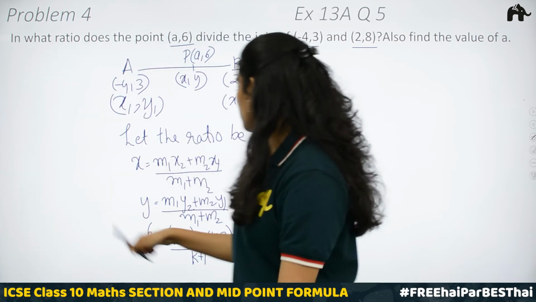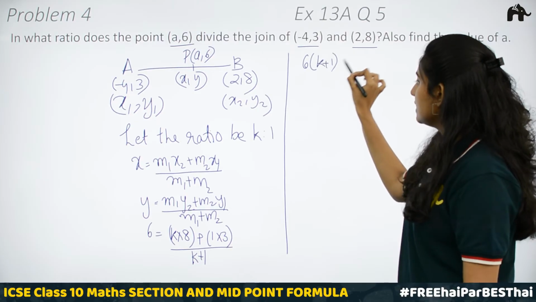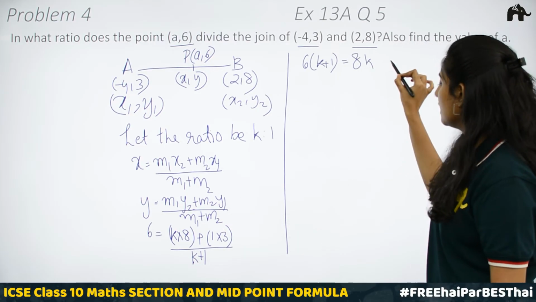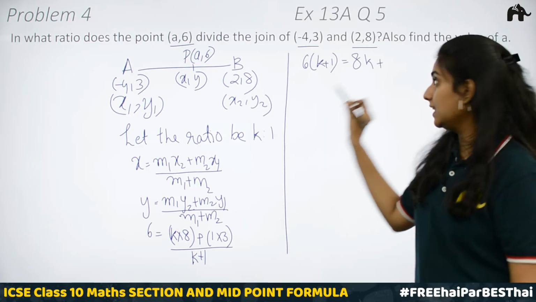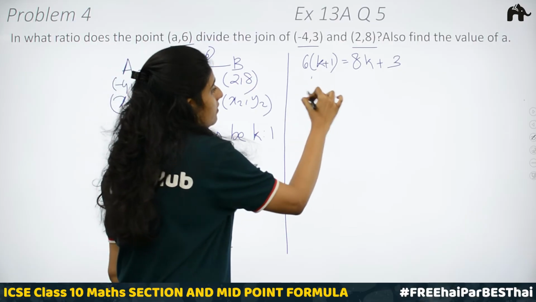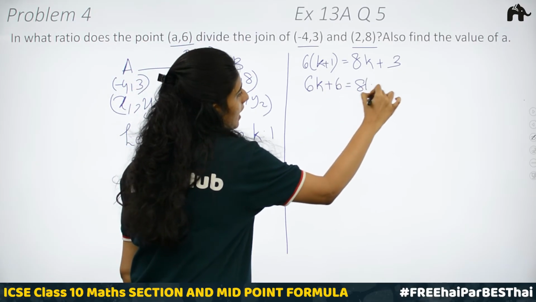Taking this k plus 1 to the opposite side, we get 6 into (k plus 1) is equal to k into 8 plus 1 into 3. Removing the brackets and multiplying, we get 6k plus 6 is equal to 8k plus 3.